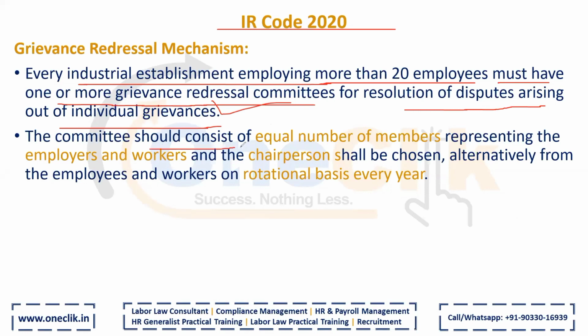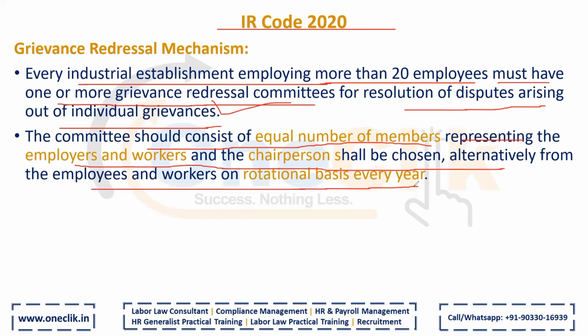In that case, the committee will have an equal number of members representing employers and workers both, alternatively from employees and workers on a rotational basis every year. Every year उसको चेंज भी करते रहेंगे ताकि बायसनेस नहीं रहेगा, right?